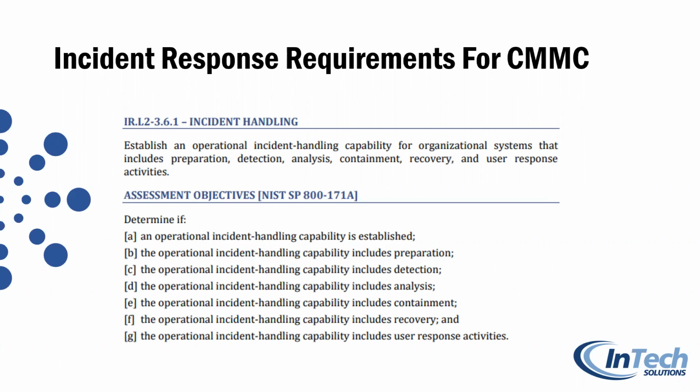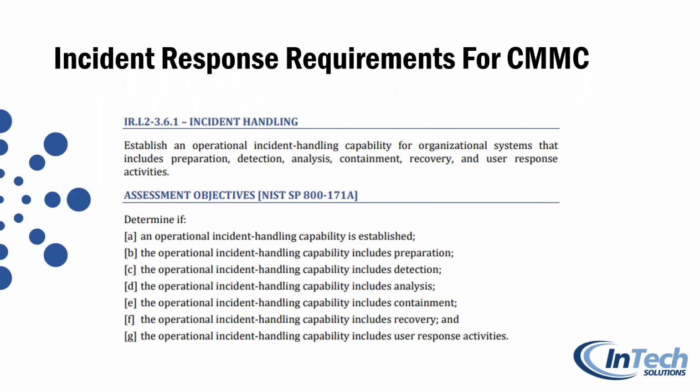All right, so the first practice is incident handling. And that states that you need to establish an operational incident handling capability for organizational systems that includes preparation, detection, analysis, containment, recovery, and user response activities. And in order to meet this practice, the AOs include that the capability is established.